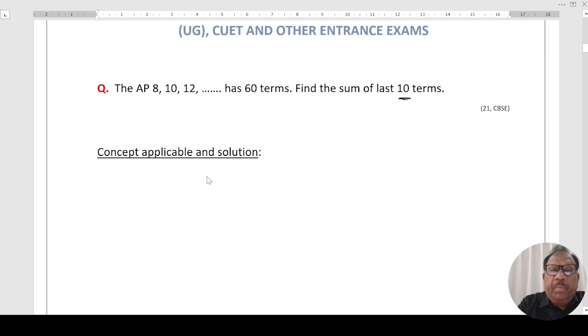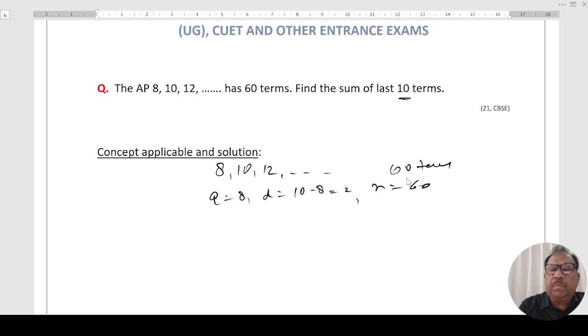Given the AP 8, 10, 12, 60 terms are there. First term is 8. Common difference is 10 minus 8, 2. n equals 60.